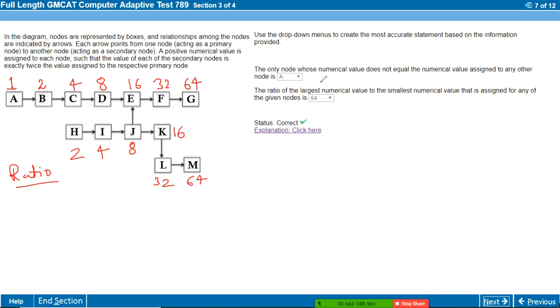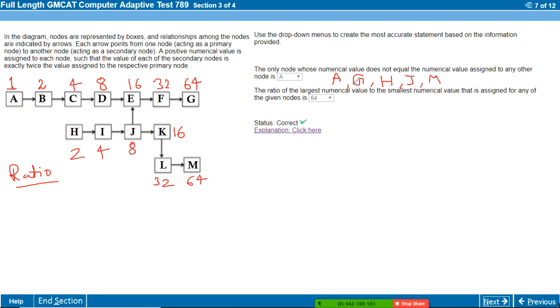So the first one is asking that the only node whose numerical value does not equal the numerical value assigned to any other node is. Now your options were A, G, H, J, and M. Now, see, I started with 1 for A, and I never came across another one.